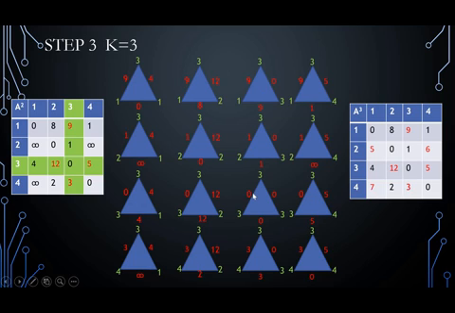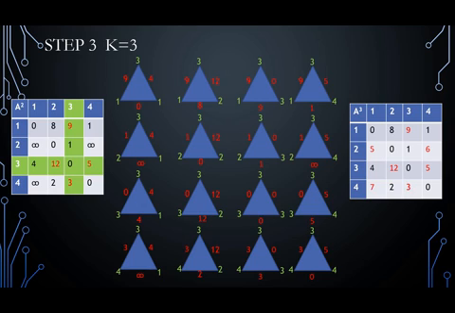Next, right hand side will be the highlighted row: 4, 1, 2, 0, 5. Copy it as it is. So left hand side, right hand side values are written.